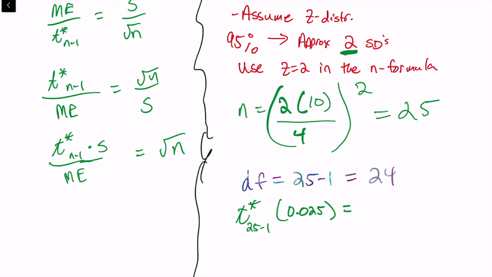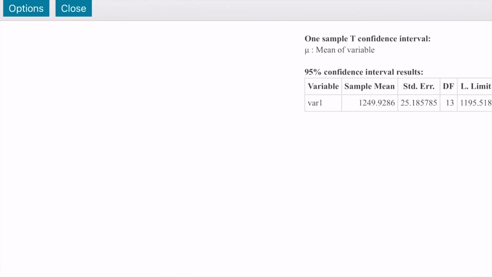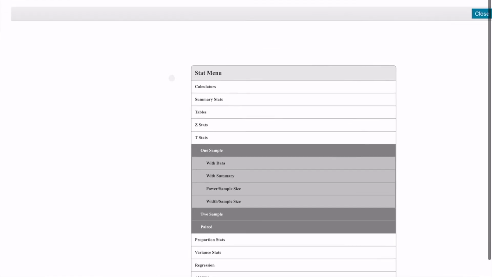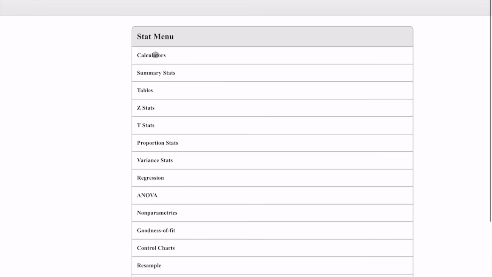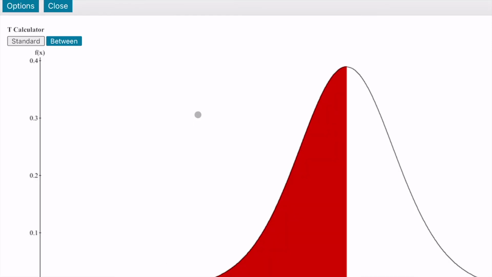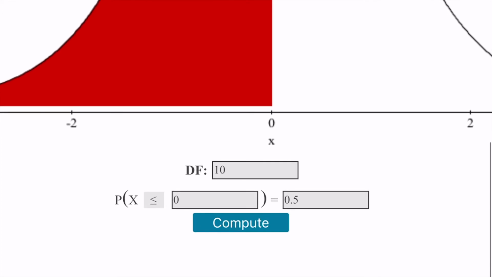All right, so to find that, we're going to go back to StatCrunch. Okay, let's make that a little smaller. Not sure if I can do that. All right, I'm going to go to Stat. We're going to go to Calculators. And we go to T. All right, we're going to go here. We don't care so much for the graph.